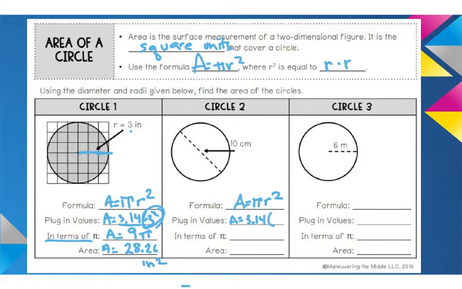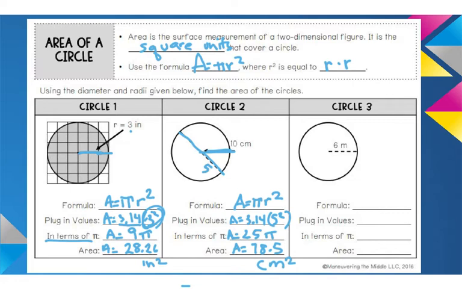And our radius, if the diameter is 10, we know to cut it in half, and that would be 5 squared, right? So half of it is 5. In terms of pi, well, 5 squared is 25, right? So we would write 25 pi is equal to the area. And our total area, if we found it, would be 78.5 centimeters squared.